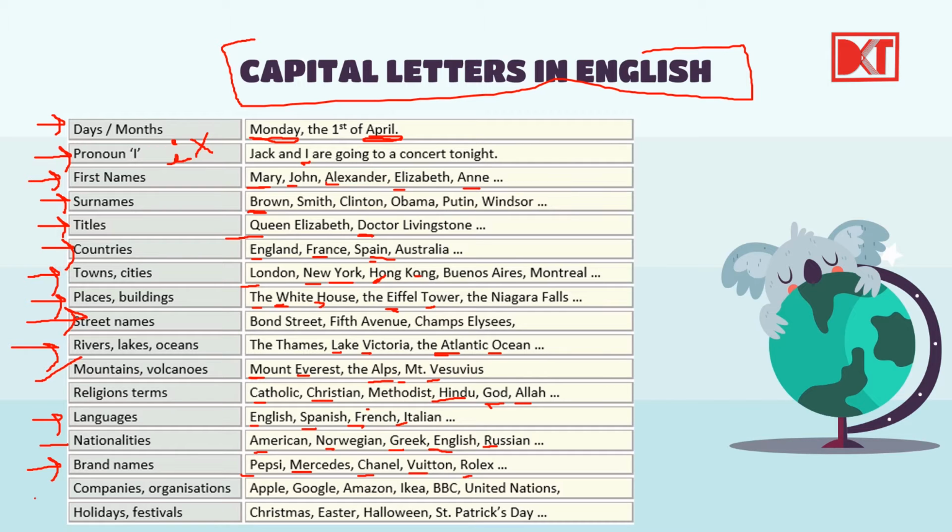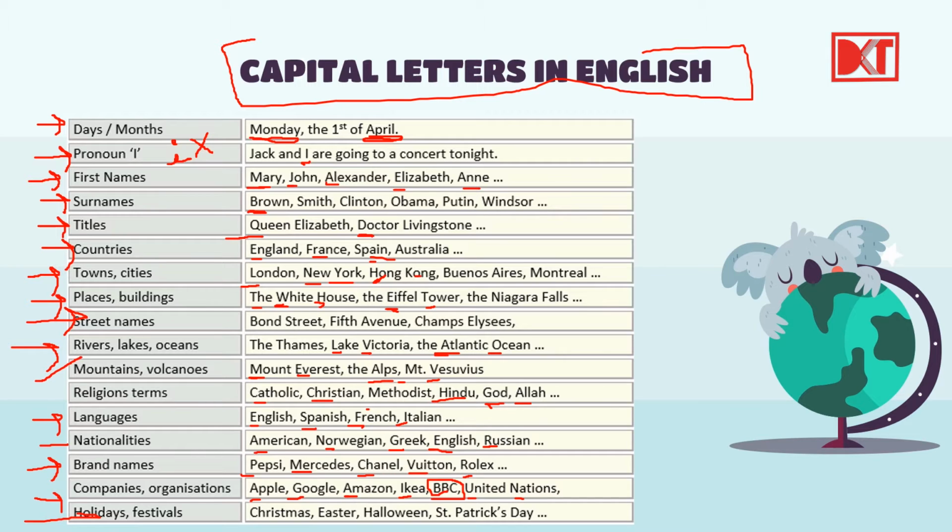Any brand names, Pepsi, P capital, Mercedes, M capital, Chanel, C capital, Vuitton, V capital, Rolex, R capital. Any companies or organizations like Apple, A capital, Google, G capital, Amazon, A capital, IKEA, I capital, BBC, it's a short form, so all of it is capital. United Nations, UN, U and N capital.